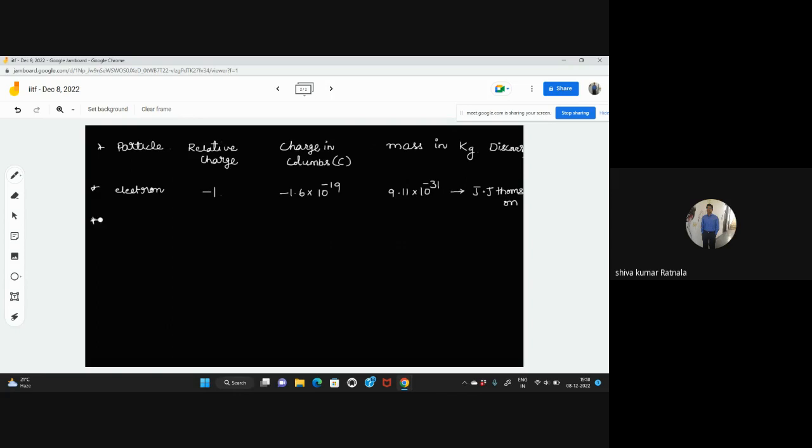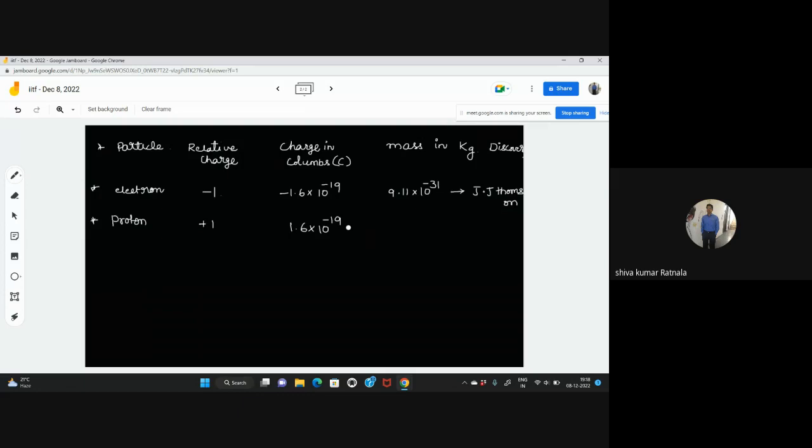Next one is proton. Proton relative charge is +1, and charge of the proton will be 1.6 into 10 to the power of -19.